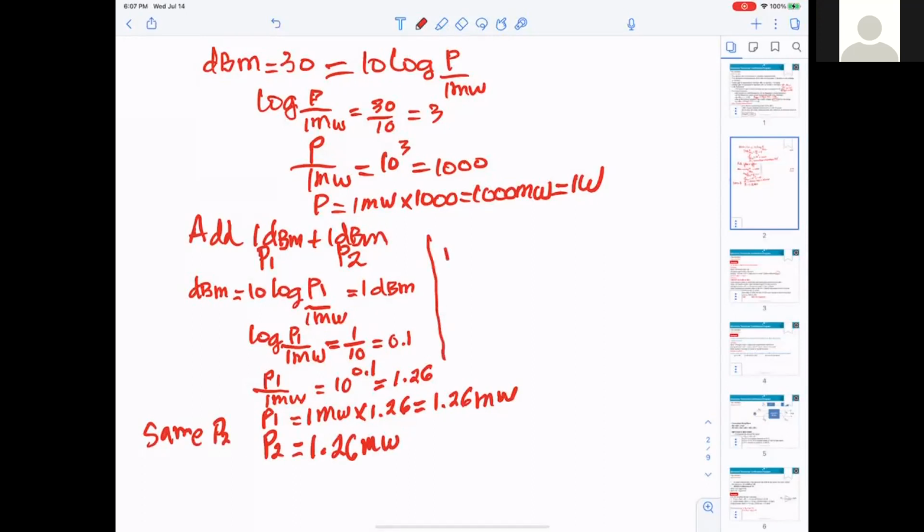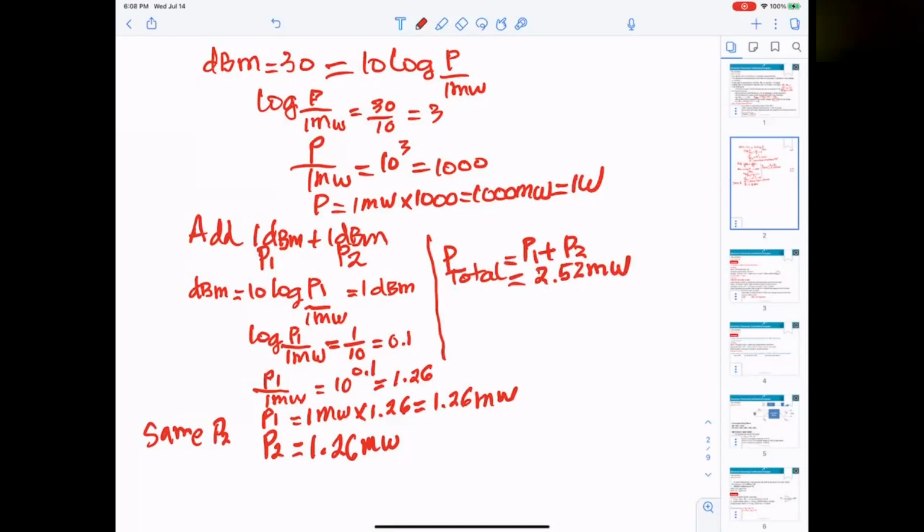Okay, P total is P1 plus P2. So what do you get? I get 2.52 milliwatt. Is that right?